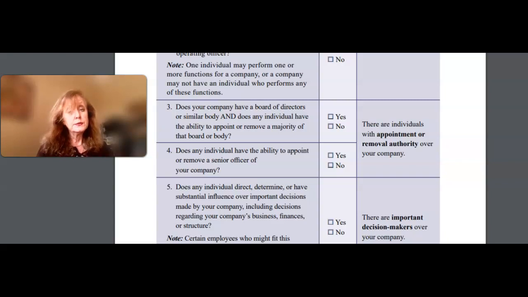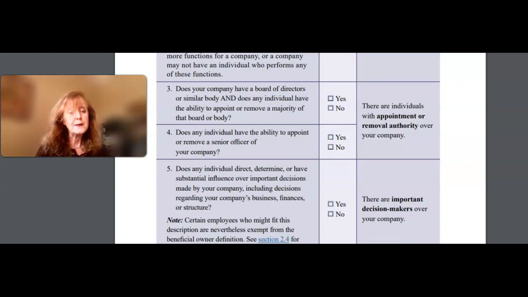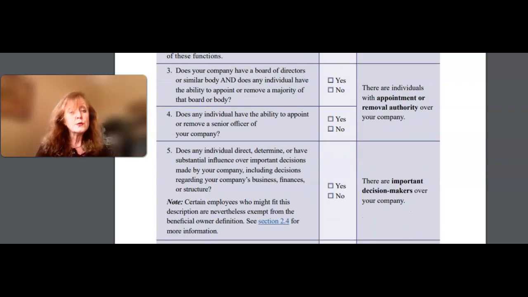If so, then they have appointment or removal authority, right? So if they can appoint a board or remove a majority of the board or change the members in that board, then they have appointment or removal authority. If they have the ability to appoint or remove a senior officer, then they also have that appointment or removal authority, right?